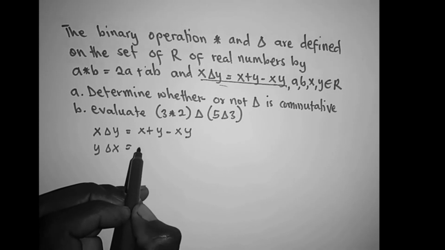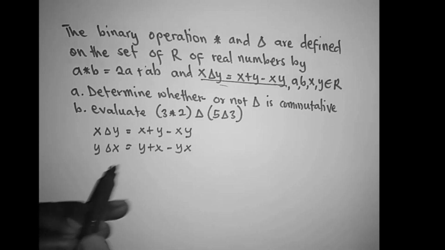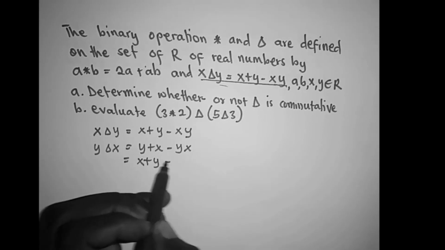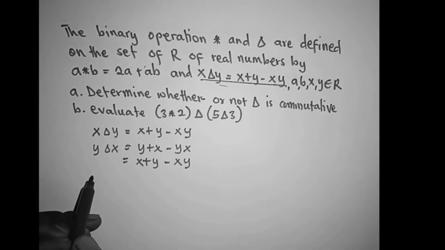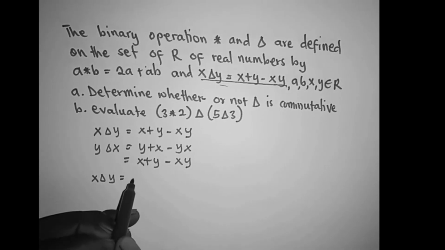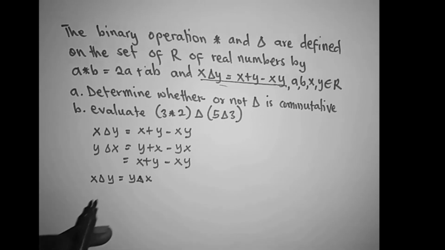This is equal to y plus x minus yx. So if we rearrange, we'll get x plus y minus xy. So since x operation y equals y operation x, then the operation delta is commutative.